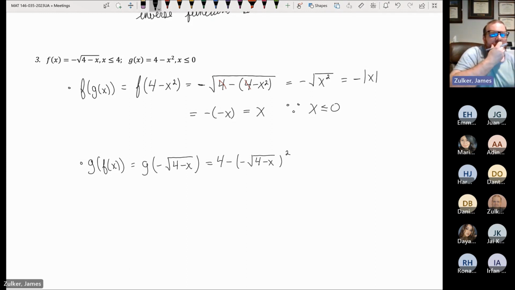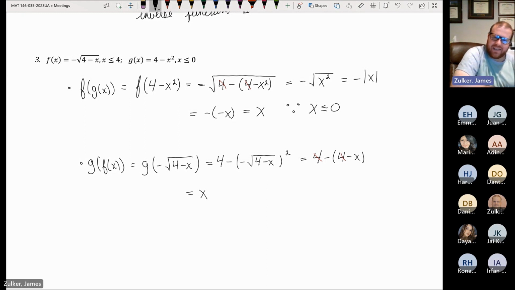Replace the x in g with negative root 4 minus x. We'll get 4 minus the quantity 4 minus x. 4 minus 4 is 0.